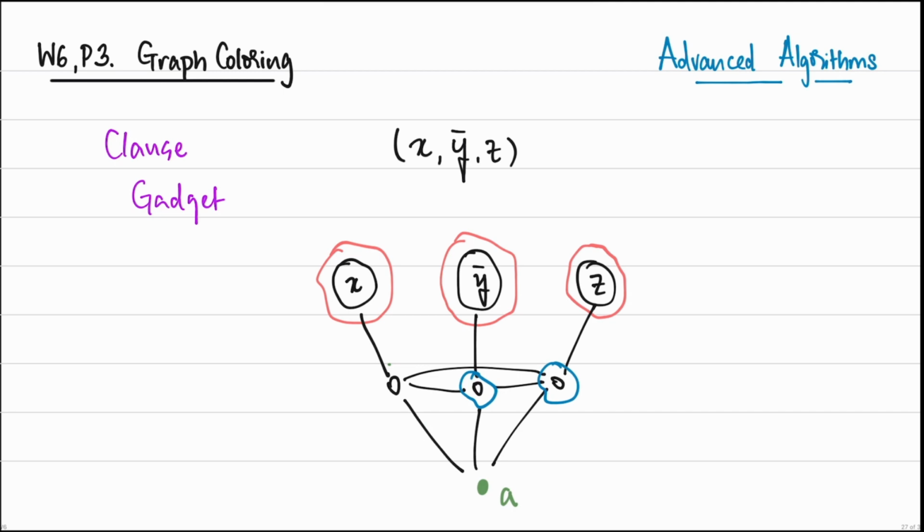So we know that the only color that these intermediate vertices can get is blue, but we have edges between the intermediate vertices which make the choice of blue for all of them not valid either. So we are kind of stuck. We are forced to use blue, but we cannot use blue because of the presence of this triangle right out here, right? So this definitely ensures that we don't color X and Y bar and Z red, because it creates this problem. But is this a valid clause gadget?